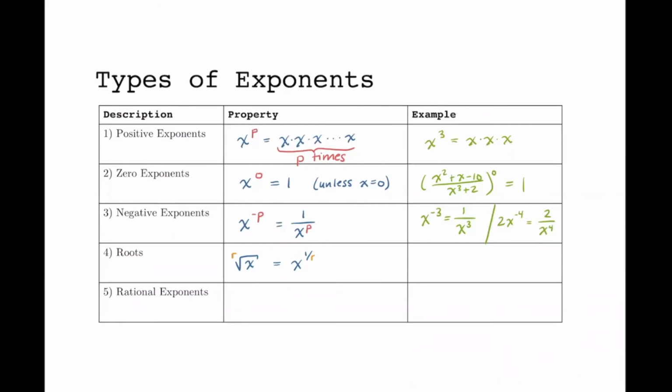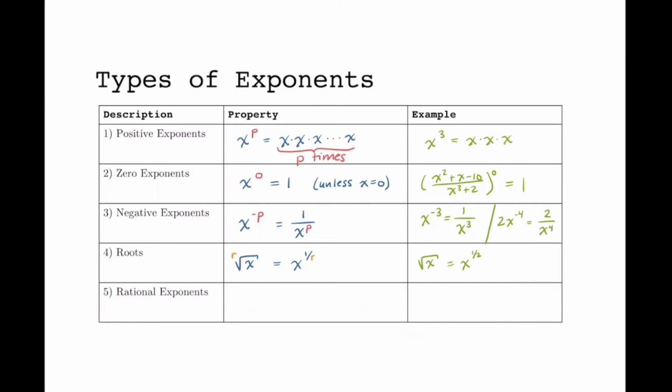So for example, one thing that we'll commonly be converting from a root to an exponent is the square root of x. So again, when we don't have a number in the place where I put this r here, it is assumed that that is a 2 for the square root. So the square root of x can be written as x to the 1 over 2 power, or x to the 1/2 power. Okay, these mean the same thing.